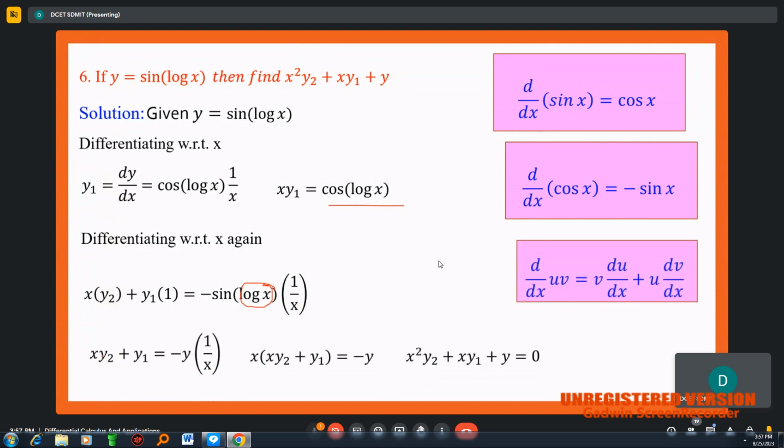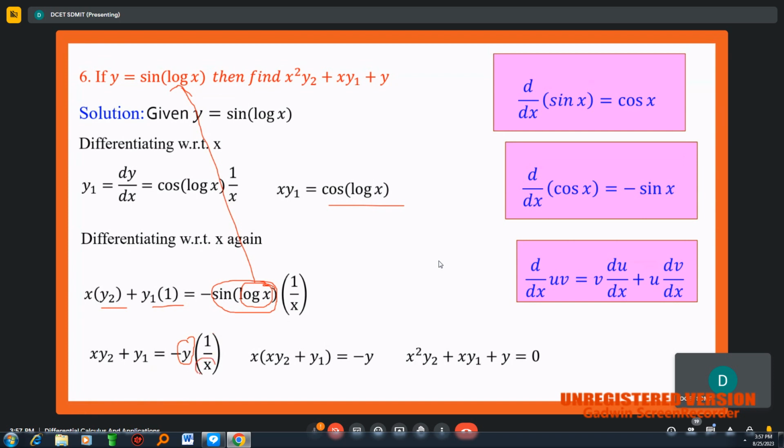So here, now x y2 plus y1 is equal to, what is the sine of log x? Given the function, sine of log x is nothing but y. Substituted in the place of sine of log x is y, that is minus y into 1 by x.